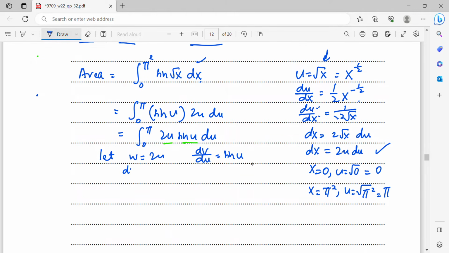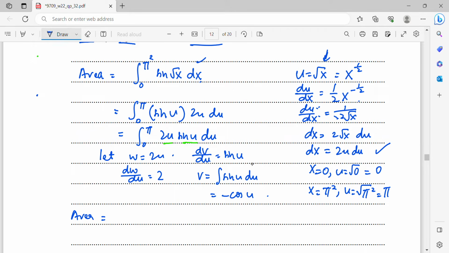So now my dw over du, according to the integration by parts, will be 2. Then the v is to integrate sine u du. So integrating sine u du gives negative cos u. Right? So now I will rewrite my area.